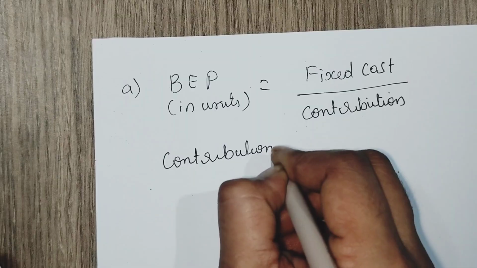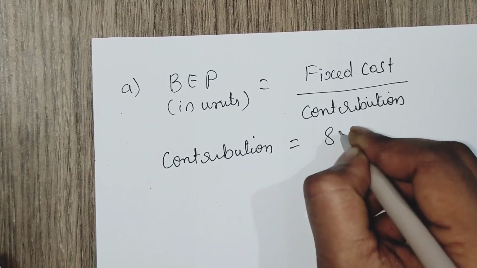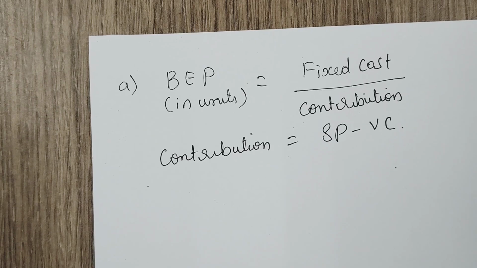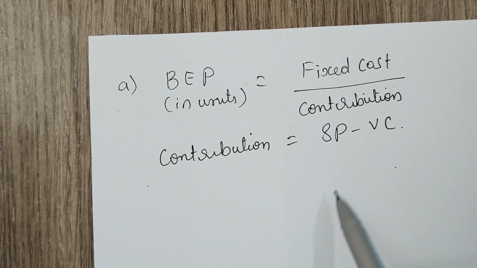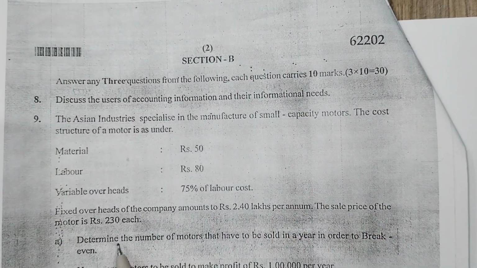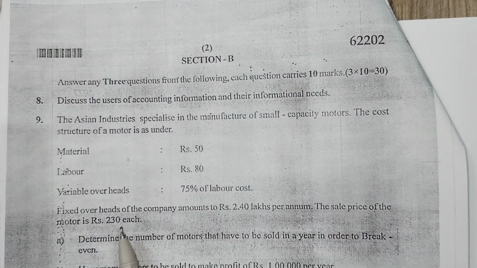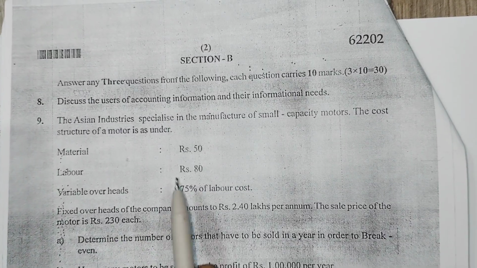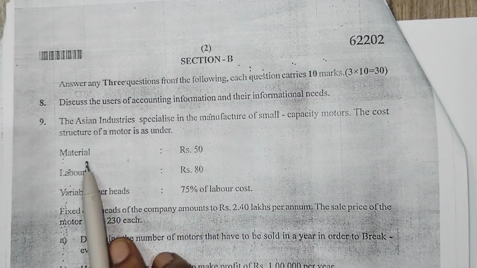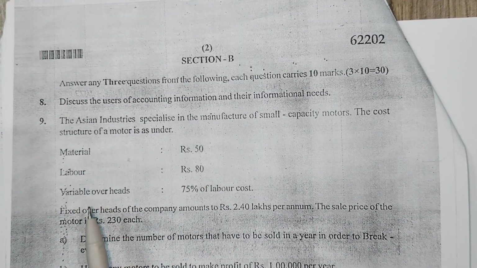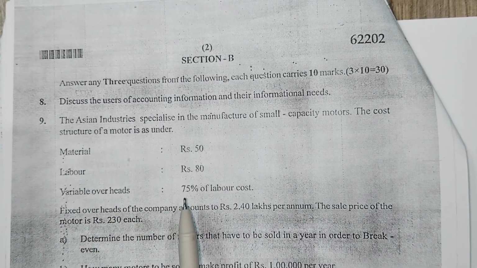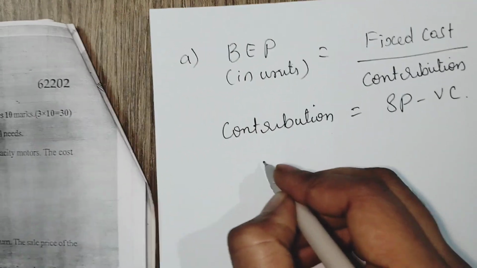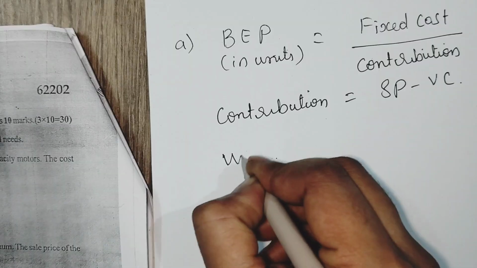Contribution is equal to selling price minus variable cost. Here in this question, selling price is given: 230 per unit. Variable cost: material is given, labor is given, and variable overhead is given as 75% of the labor cost. Let us find out the variable cost.